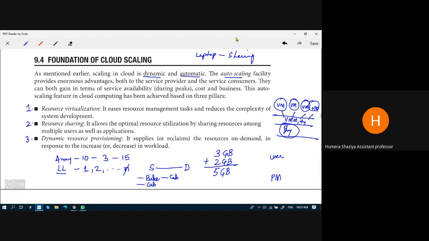If it is not allowed, you have to cancel this, pay some amount, for instance 50 rupees, and then book a cab. This is not dynamic. This situation is clearly evident that it is static. You are not able to scale up on demand. All right. So these are the three features that enable scaling feature totally automatic.